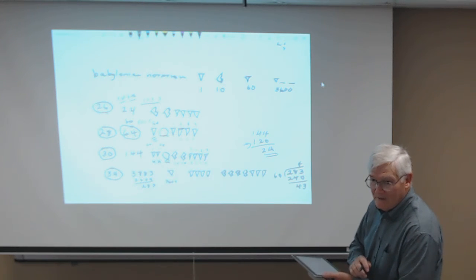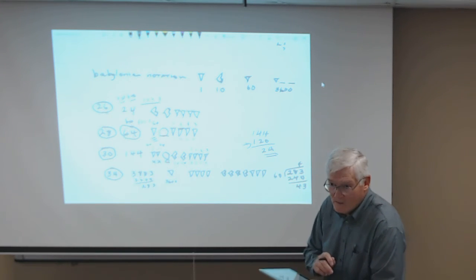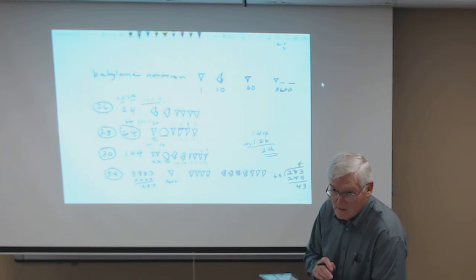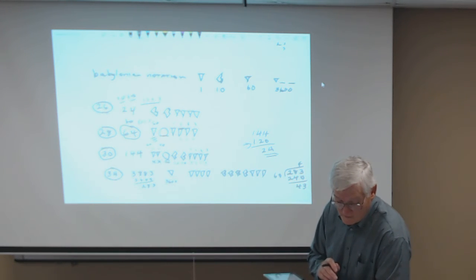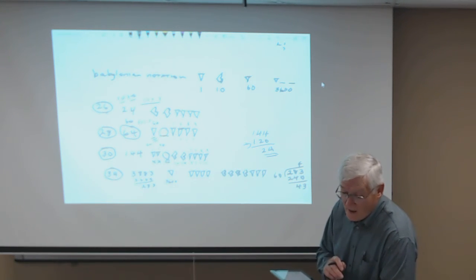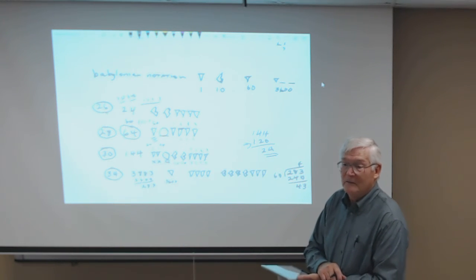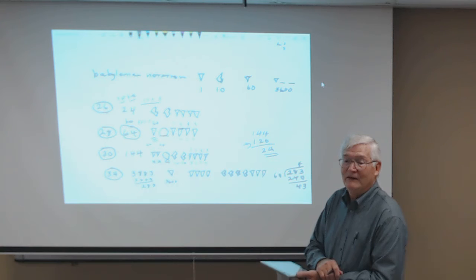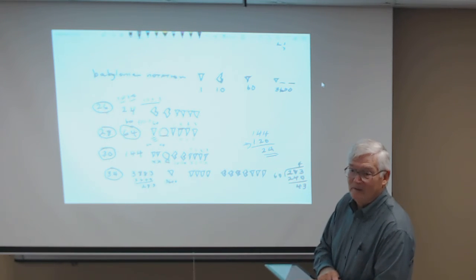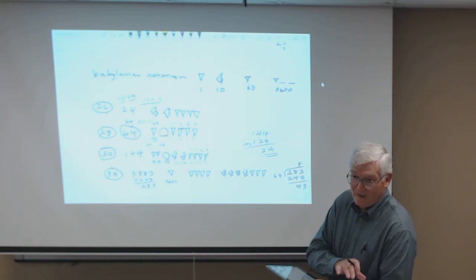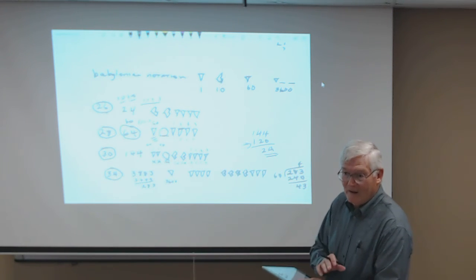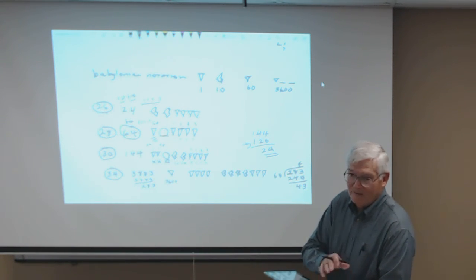Question, on the chart itself, the 60 is actually drawn bigger and longer than the 1. So do you need the space? Or if you draw it bigger, then you would know? If you look at some Babylonian hieroglyphics, they will be written the same size. Oh, okay. And I know that back on that page, they show it written bigger, but it's not written bigger in the problems.